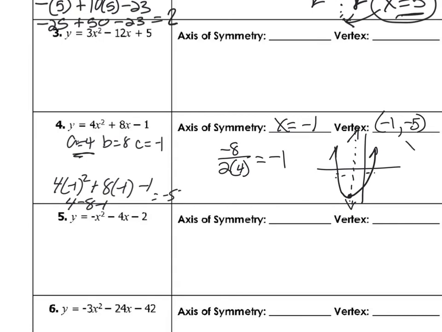I could plug in 0 for x to find my y. Let's just say that y was -3, so 0, -3 was my y-intercept. So if this is -5, it went over 2 this way. That means it'd go 2 this way because it's symmetrical. So this would be -7, -3.